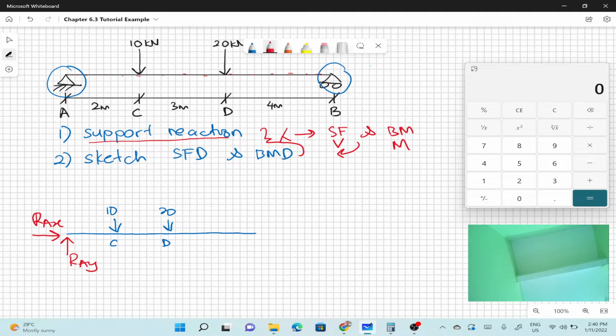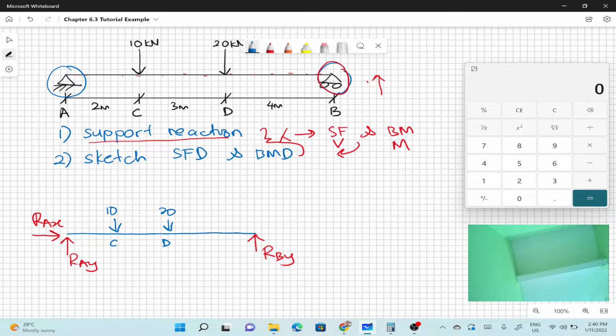Then over here we have RBY, because this is a roller support, so it only restricts vertical movement, but not sideways. So there is no sideways reaction, that's why we just have vertical only.